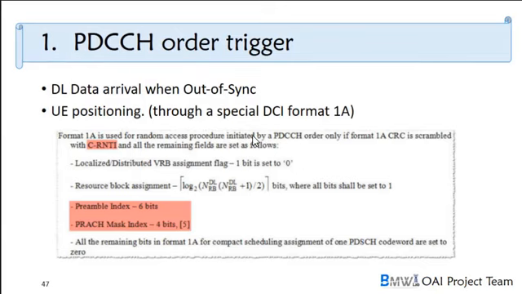In the PDCCH order trigger, it is downlink data arrival when the UE is out of sync.